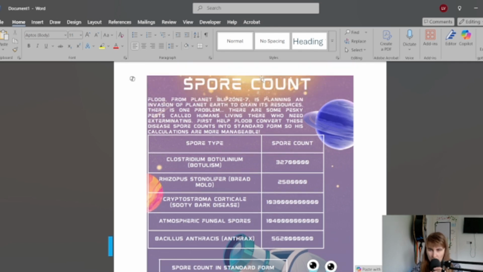So it's about spore counts, spores being like the tiny little parts of microbes and microorganisms. So Floob from the planet Blipzone 7 is planning an invasion of planet Earth to drain its resources. There is one problem. There are some pesky pests called humans living there who need exterminating. First, help Floob convert these disease spore counts into standard form so his calculations are more manageable.